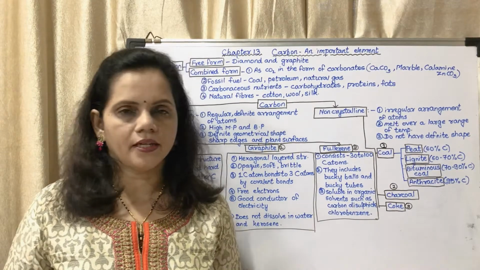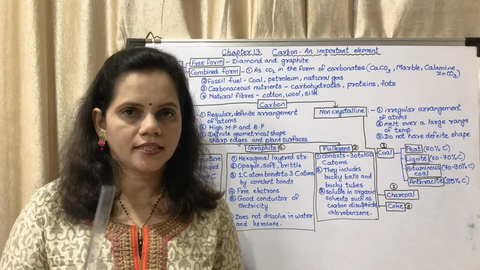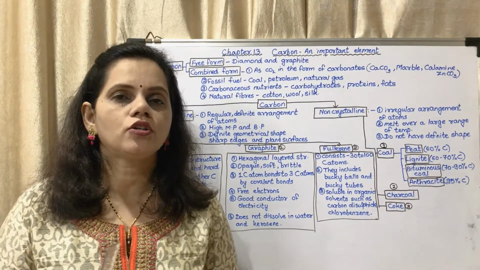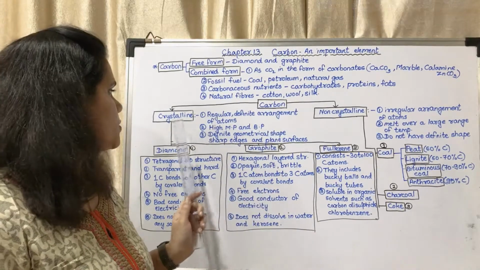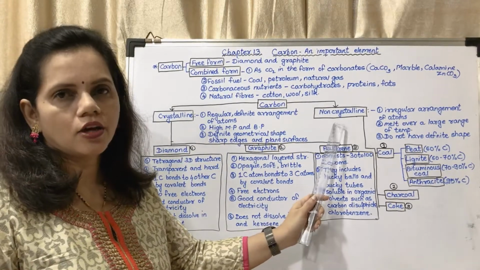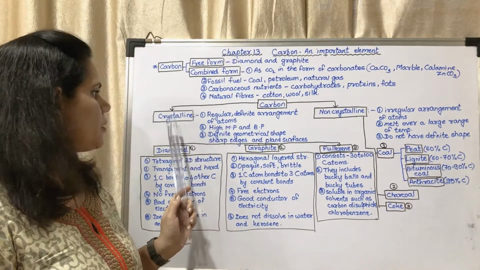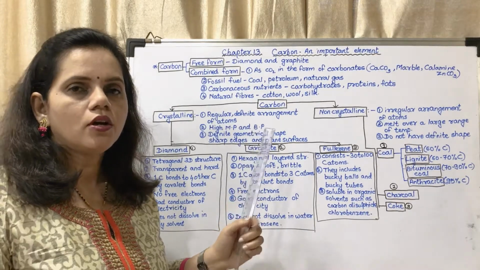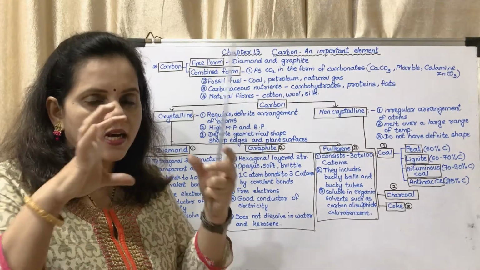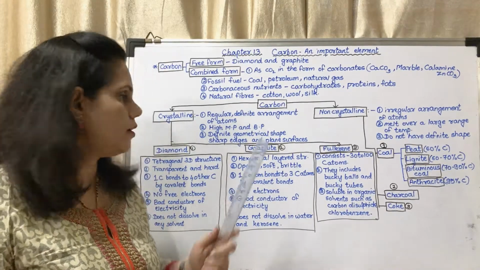Allotropes of carbon. Now I will explain in short what the lecture is about. It is about allotropes of carbon. Carbon has two types of allotropes, crystalline and non-crystalline. What are the properties of crystalline allotropes of carbon? They have a regular, definite arrangement of atoms, arranged in a proper shape, proper structure, proper order.